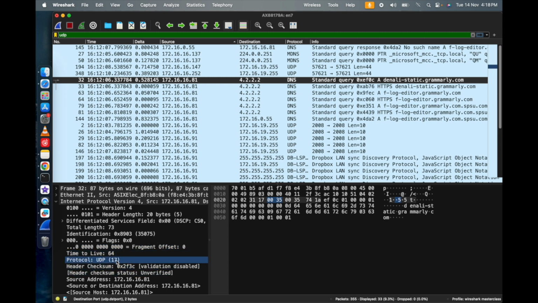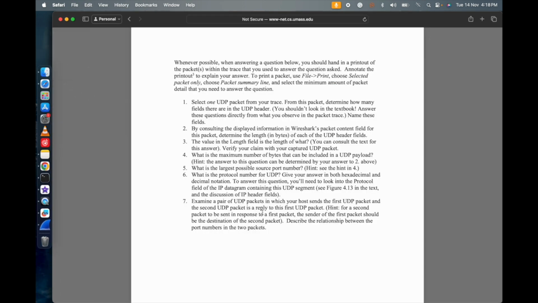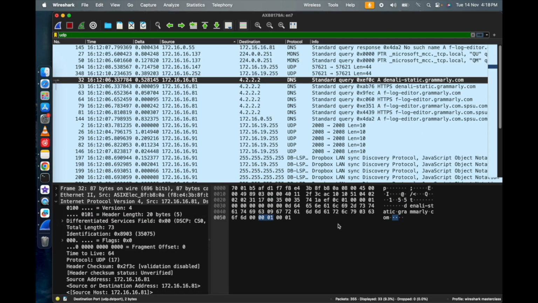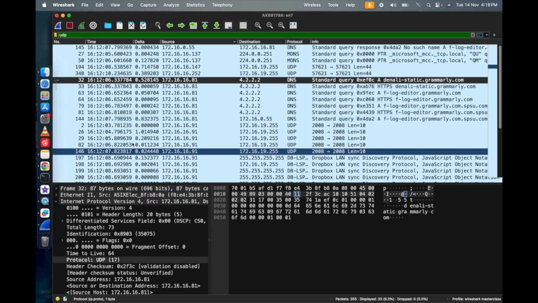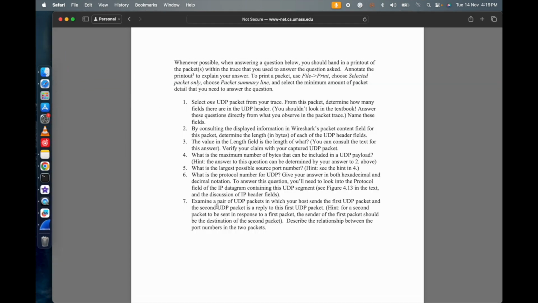So here is the 17. This is the decimal one, which is 17, and for the hexadecimal, it's over here. Hexadecimal is 11. So that's it. Next question.